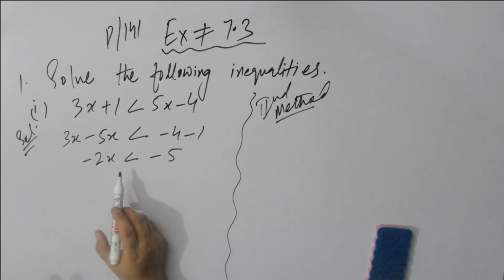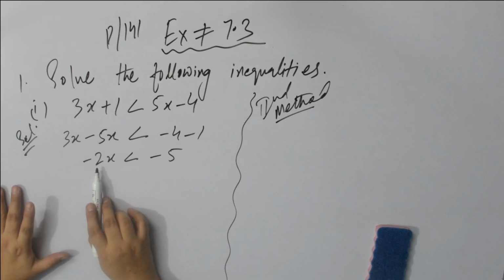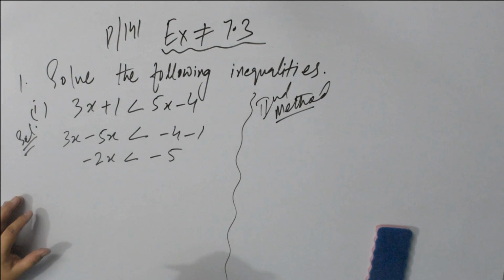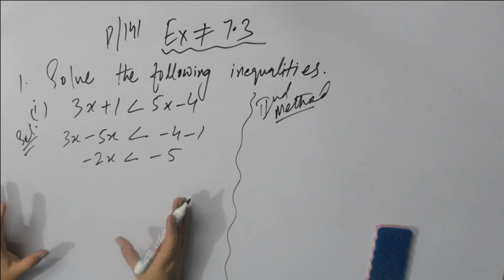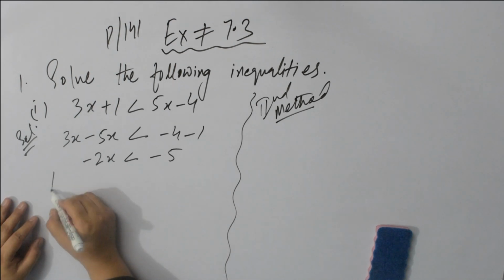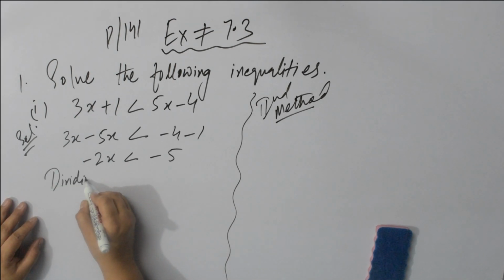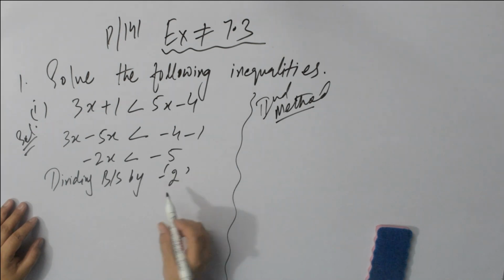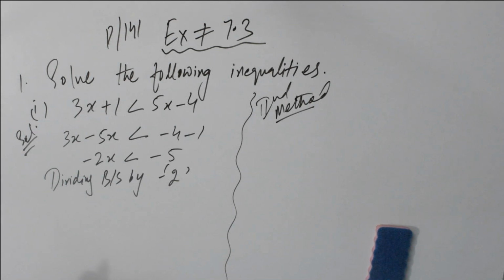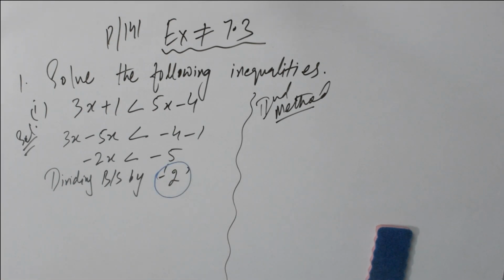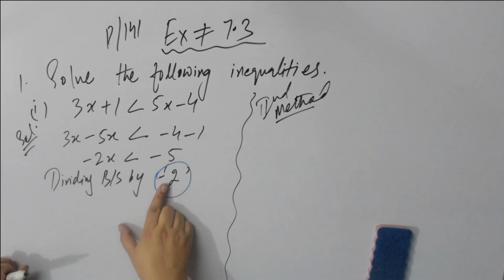Now be attentive. Here you are going to divide, or you can say first you divide by a positive number and then multiply by a negative number. It can be done that way, but if you don't want those steps, then directly divide both sides by -2. See what is -2? It's a negative number. So you have to be very attentive whenever you are multiplying or dividing by a negative number.